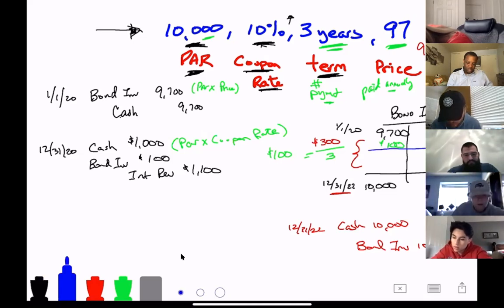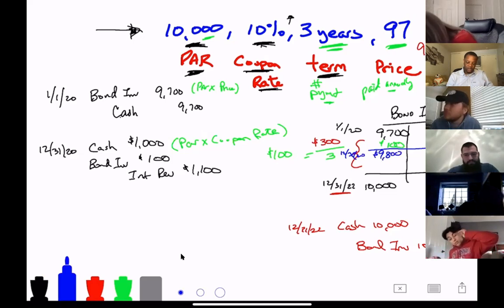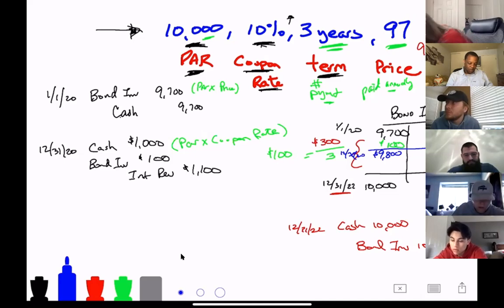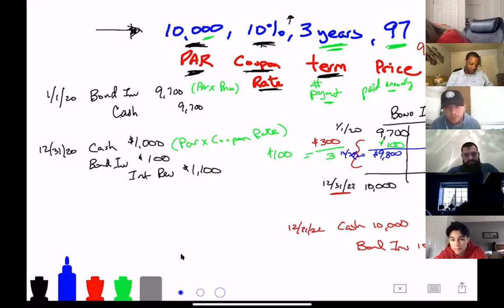So now when I get to the end of 12/31/20, my bond investment is showing $9,800. I'm going to say one more thing and then I'm going to stop. I'm going to pause.